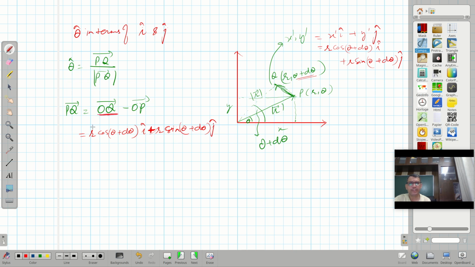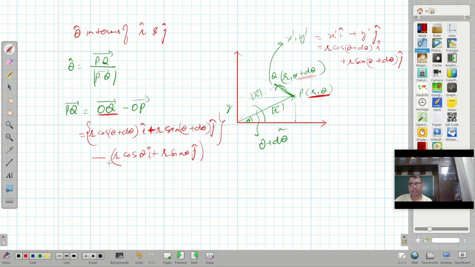This is the value of this vector, minus the OP vector, which is similarly r cos theta i cap plus r sin theta j cap.